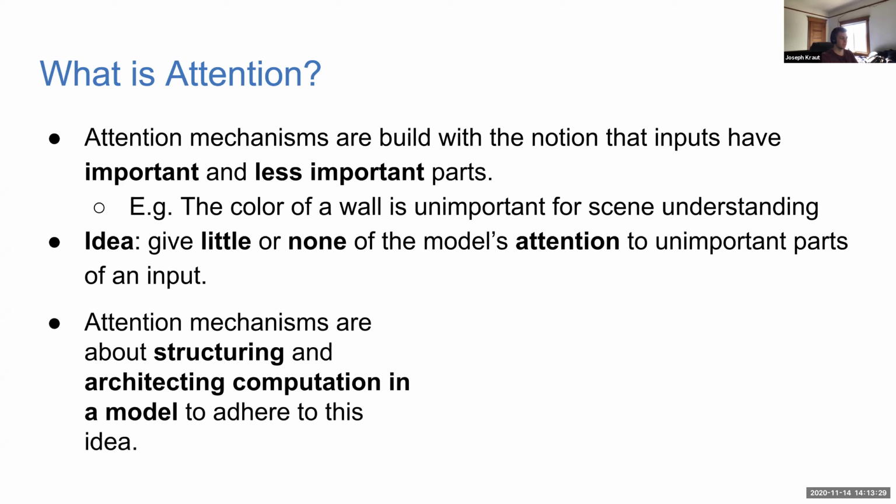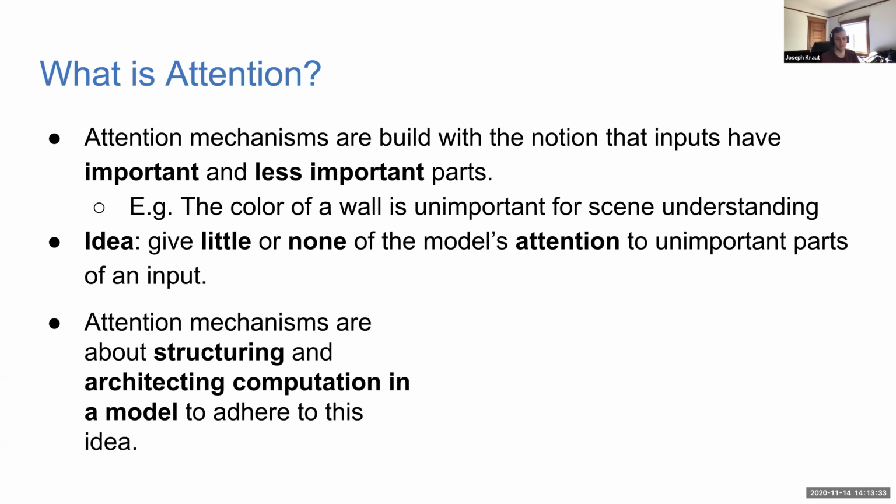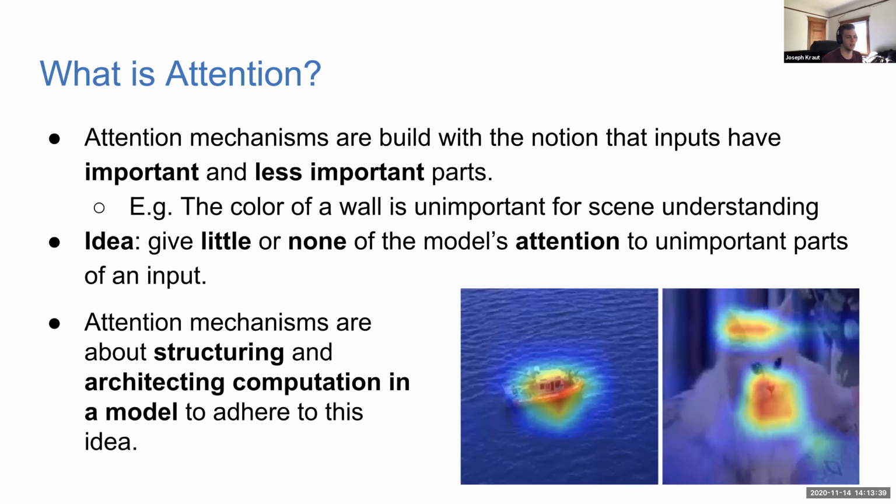So attention mechanisms are really about structuring and architecting computation within our machine learning models to adhere to this idea. And I have an image here of saliency, which I talked about a bit in the fairness workshop if you guys attended that, but it's the idea that you can look at where your model is looking to make a prediction, and attention mechanisms allow us to do this really well.